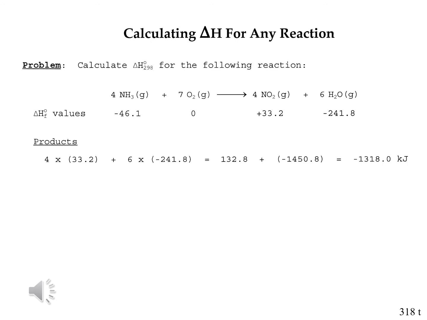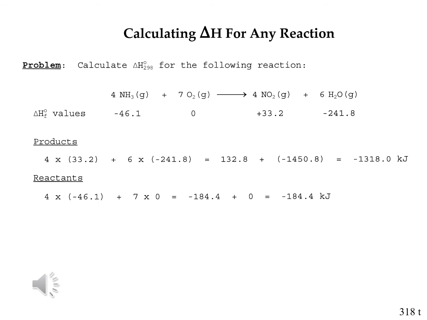And so since there's a 4 in front of the NO2, you have to multiply 4 times the number, and then the moles cancel. So for the products, you're going to take 4 times the NO2 number plus 6 times the H2O number. And when you add, you get a number for the products.